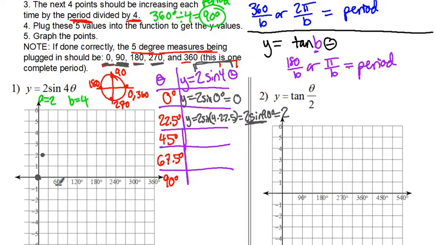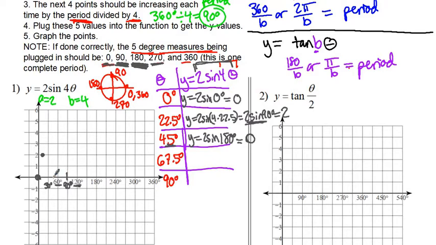And the reason I know is because this is 60, this is 120, that means in between we're skipping ahead by 30 degrees each time. Alright, the next one, 2 times sine of 4 times 45. 4 times 45 is 180. That's another good indicator because we said 180 was supposed to be one of our values. So sine of 180 is 0. 2 times 0 would be 0.